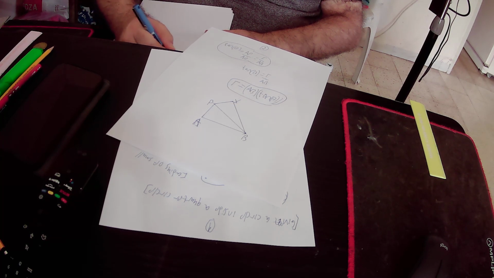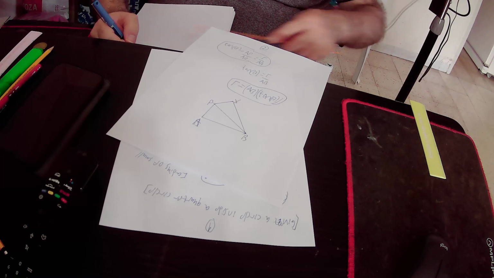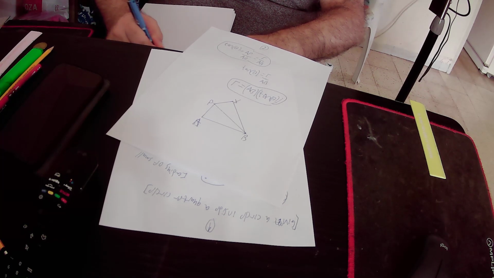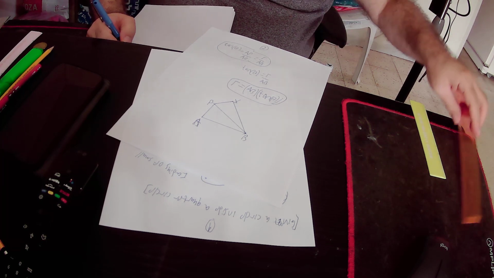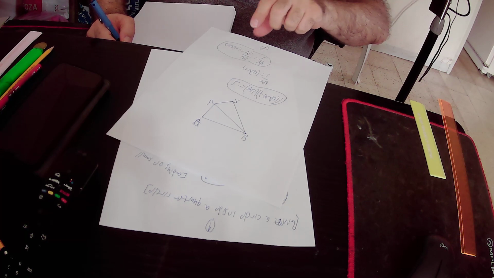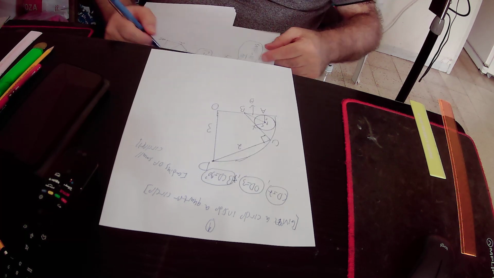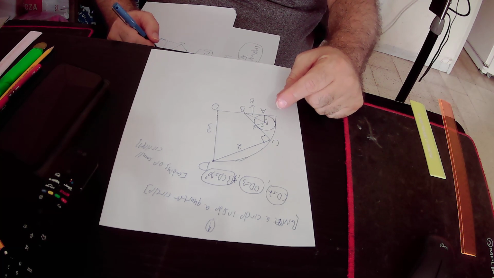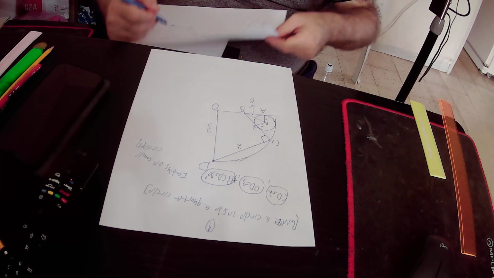Triangle PBX and triangle APB. On those two triangles, actually we found out that AP is the radius and PX is also the radius.